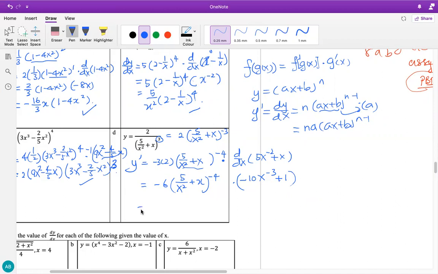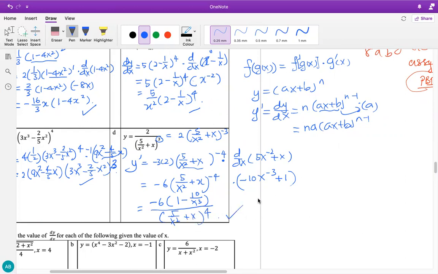Right, so you can rearrange or just leave the answer like this, it's up to you. If you rearrange, you become negative 6, then 1 minus 10 over x cubed over 5x squared plus x to the power 4.